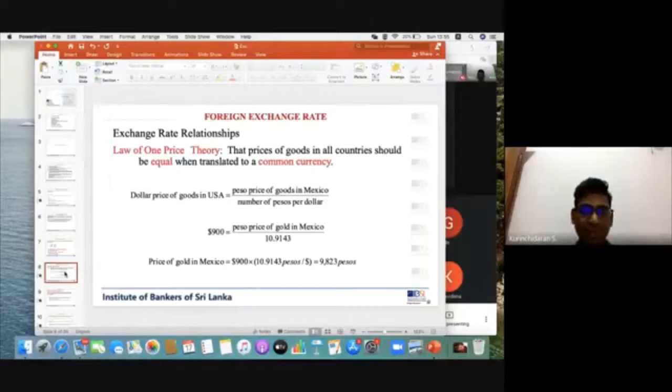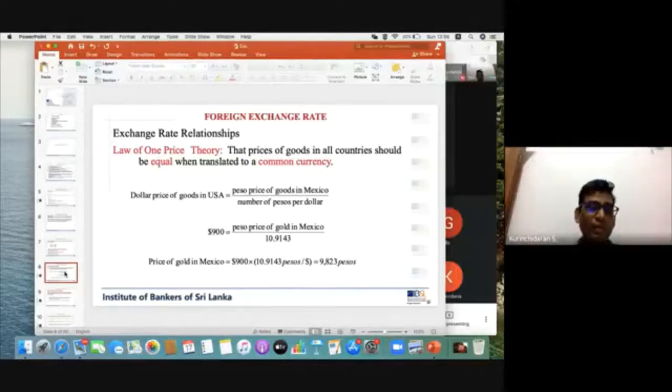You can take any price. This law of one price holds with some assumptions we'll discuss later, but basically there should be one price wherever it's sold.